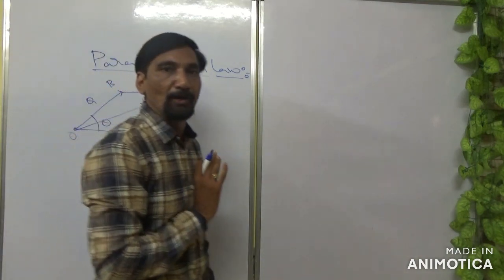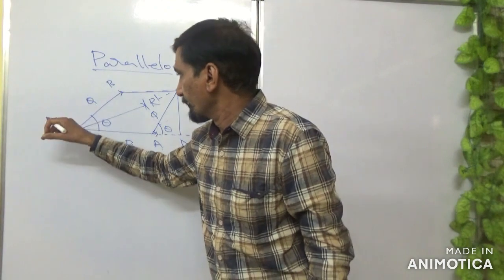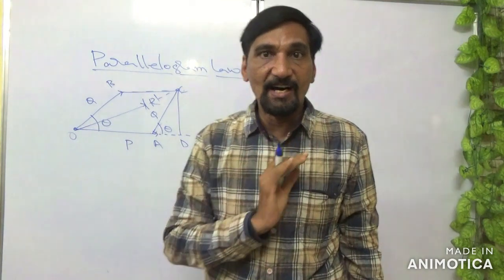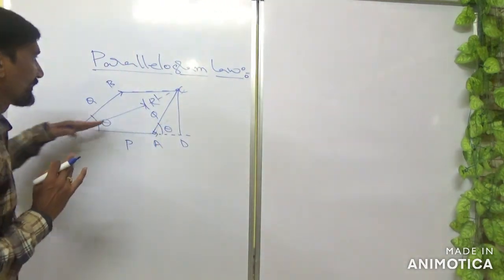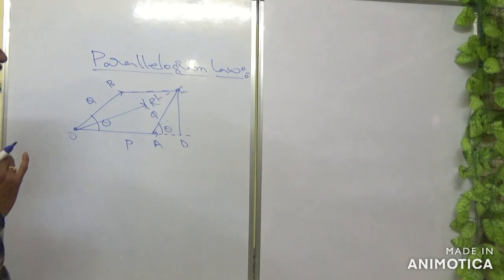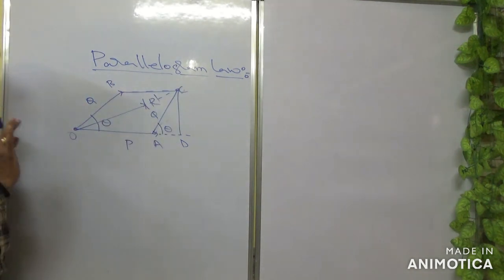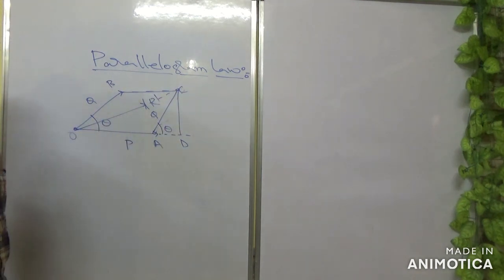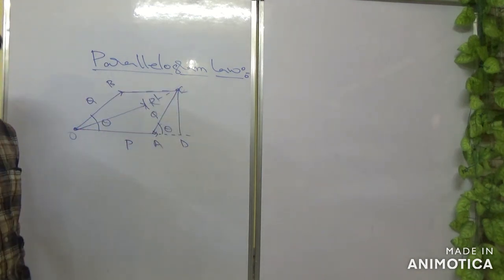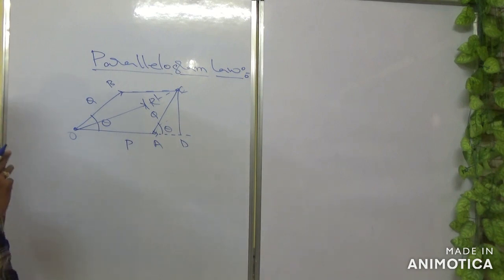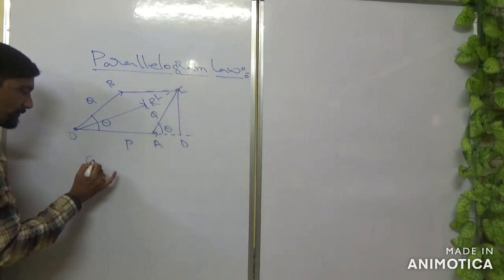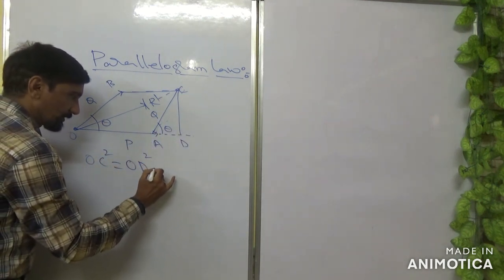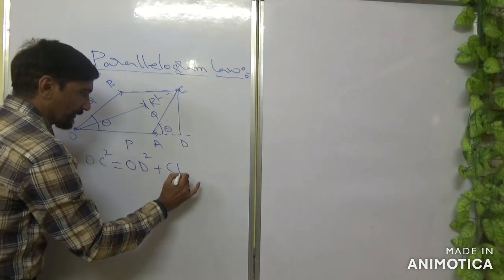So what is the statement of the parallelogram law? Whenever two vectors are inclined at an angle theta, the diagonal gives their resultant. So OC gives their resultant. This COD is forming a right angle triangle. In any right angle triangle, the square of the hypotenuse: OC square equals OD square plus CD square.